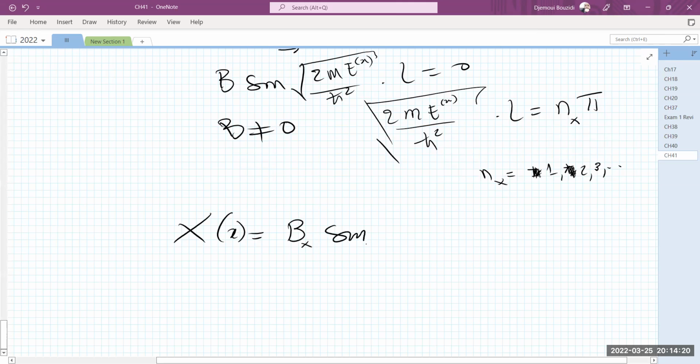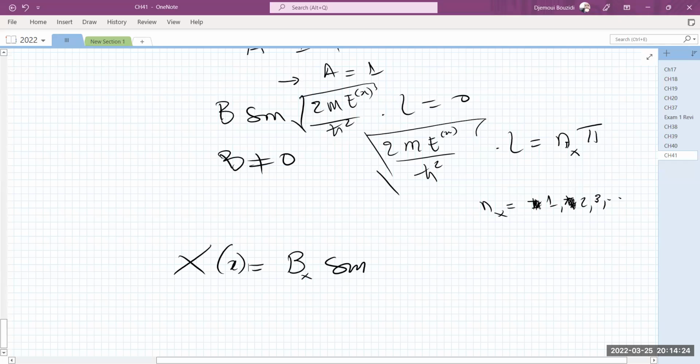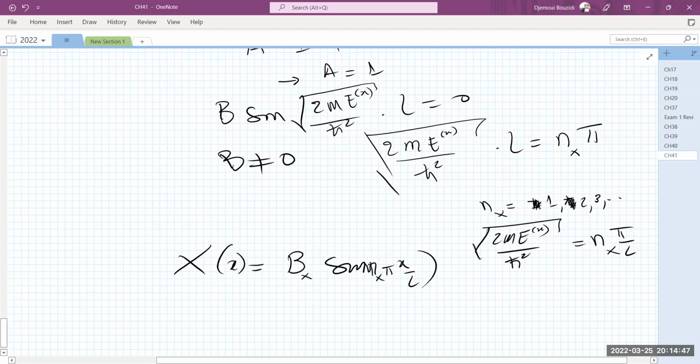So times the sine of this whole thing, the square root itself, is this term in here divided by L. In other words, this square root of 2m Ex divided by h bar squared is nothing but this nx pi over L. So this becomes nx pi x over L. That's it. This looks familiar because it looks like the particle that we did a long time ago.